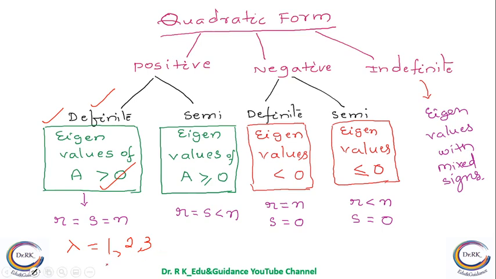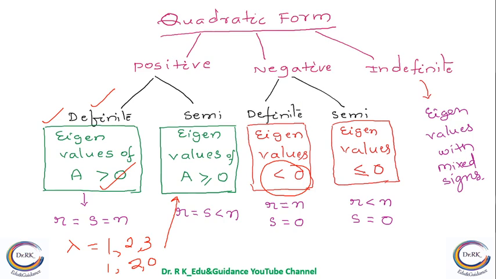Suppose the eigenvalues are 1, 2, 0. So 2 are positive and 1 is 0. Then we call the quadratic form positive semi-definite. Similarly, negative definite and negative semi-definite. If all eigenvalues are negative, then it is negative definite.